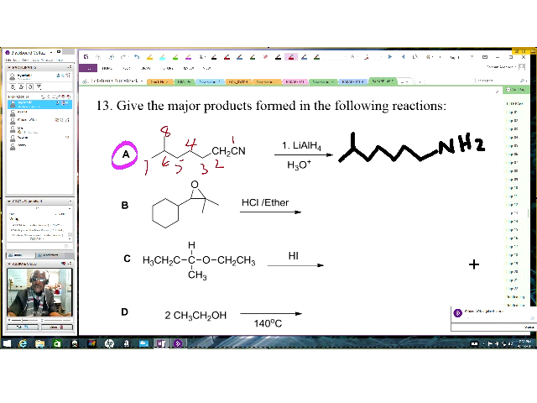Keep in mind that carbon 1 becomes a CH2 group, the carbon that is attached to nitrogen.